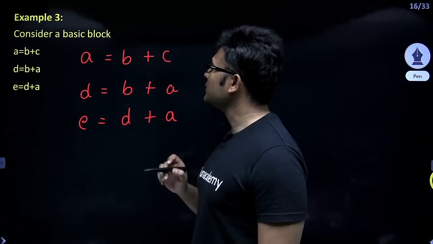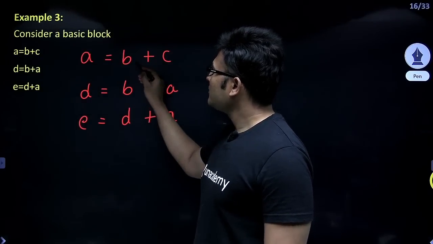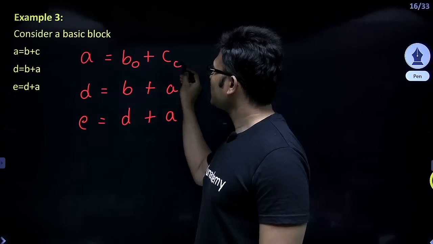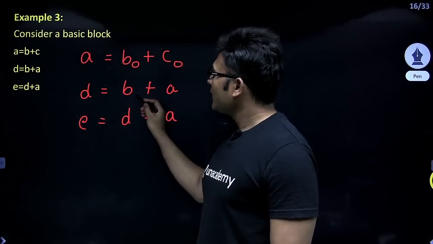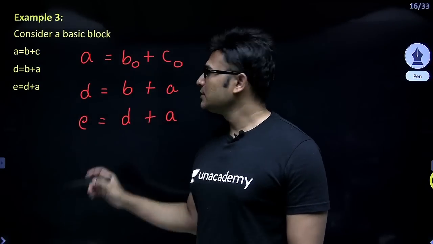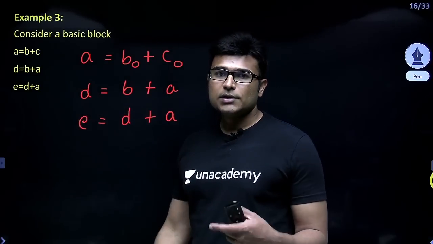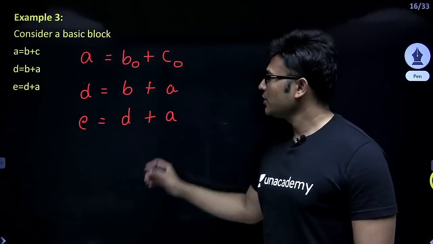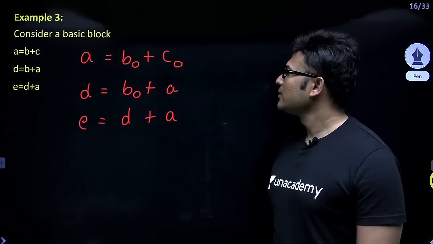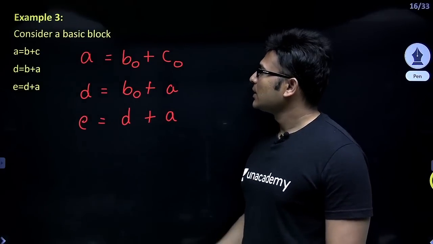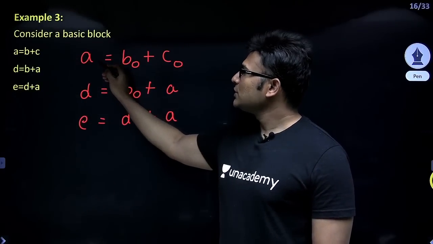For example, in this case, I'll write B as B0 and C as C0. Okay, and now when I use the B again, is this B0 or B1? Is the value changing or not? It is not changing, right? So B0 only, right?